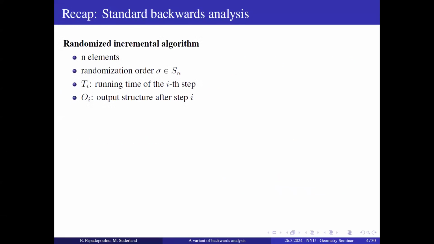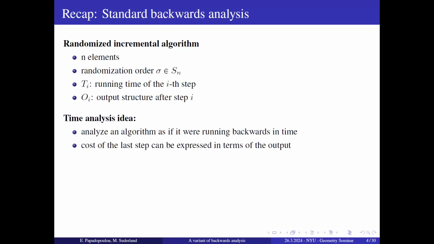So what does standard backwards analysis do? It is a tool for analyzing the running time of randomized incremental algorithms. I'll introduce a little bit of notation here. Usually we work with n elements and we randomize these according to some permutation sigma. I denote by T_i the running time of the algorithm in the ith step, and by O_i the output structure after that step. The idea of backwards analysis is that you analyze an algorithm as if it was running backwards in time, from output to input.